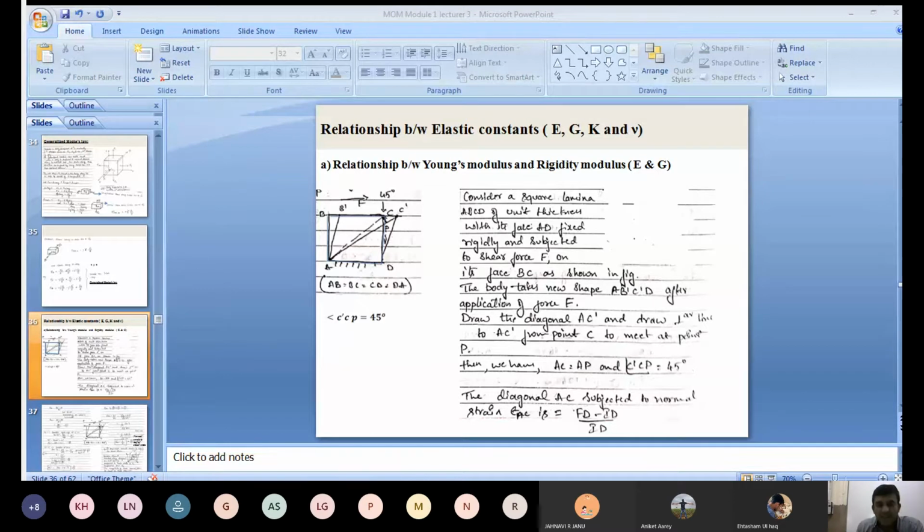The diagonal AC is subjected to a normal strain epsilon AC, equal to the change in dimension, which is final dimension minus initial dimension, to the initial dimension. FD stands for final dimension and ID stands for initial dimension.